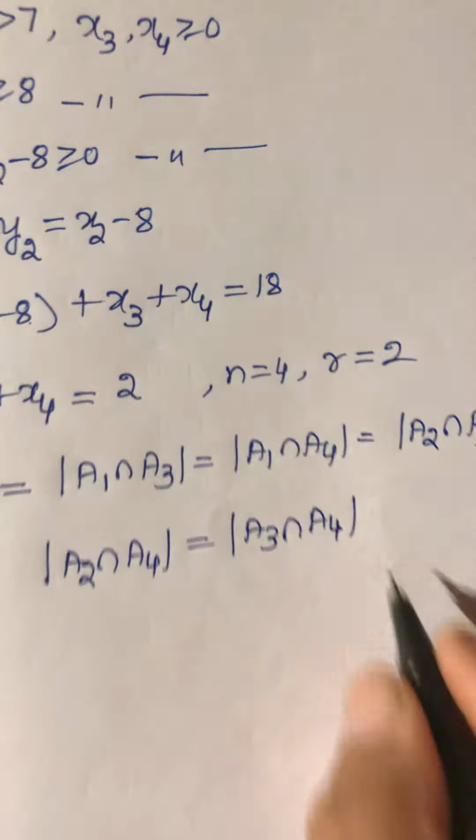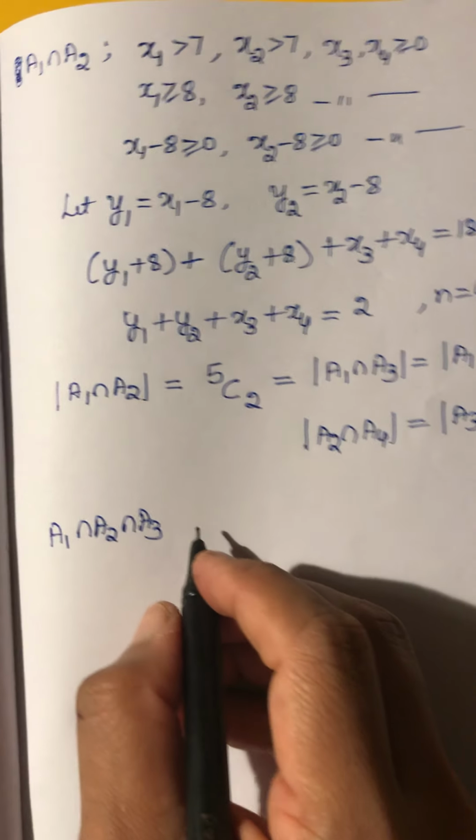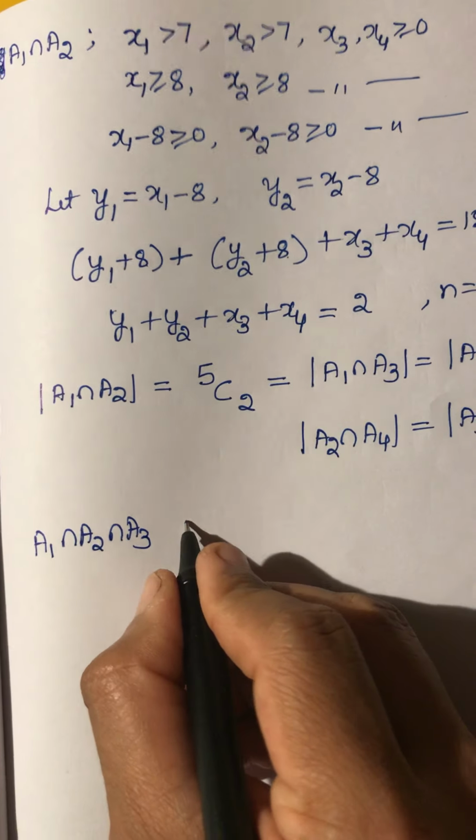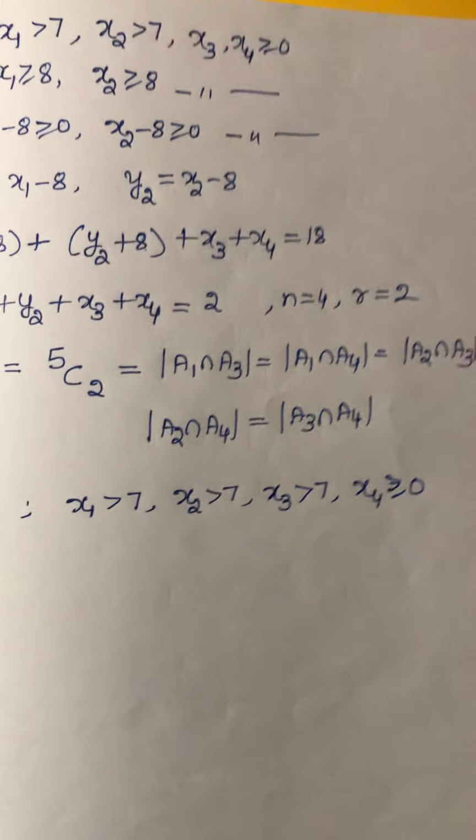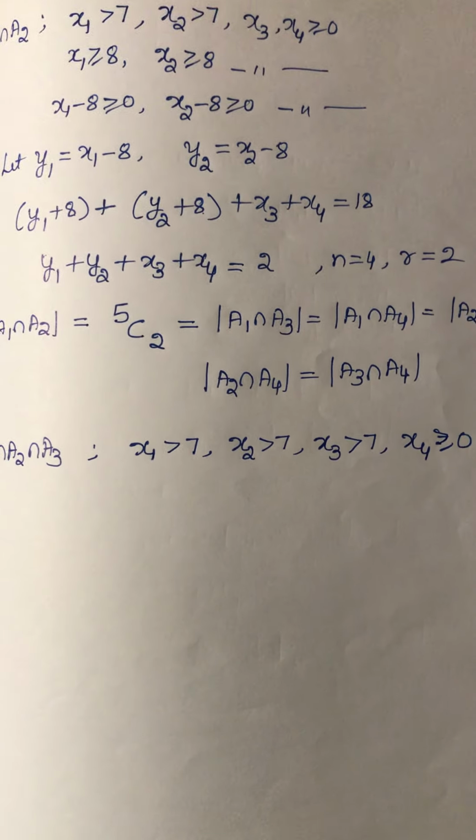Okay, next we have A1 intersection A2 intersection A3, intersection of 3 sets. Here what happens? x1 greater than 7, x2 greater than 7, x3 greater than 7, x4 is greater than or equal to 0. But can it happen?